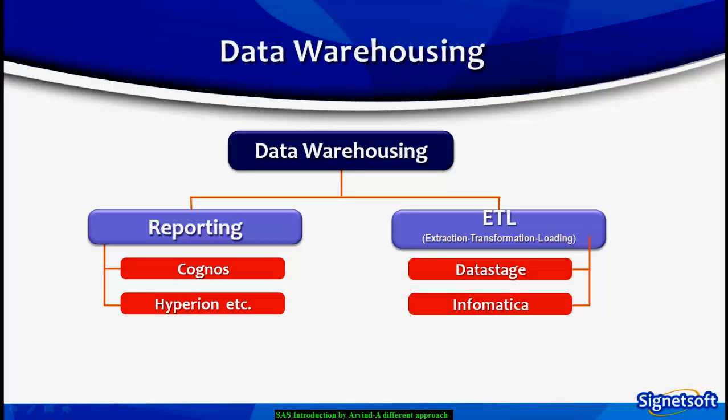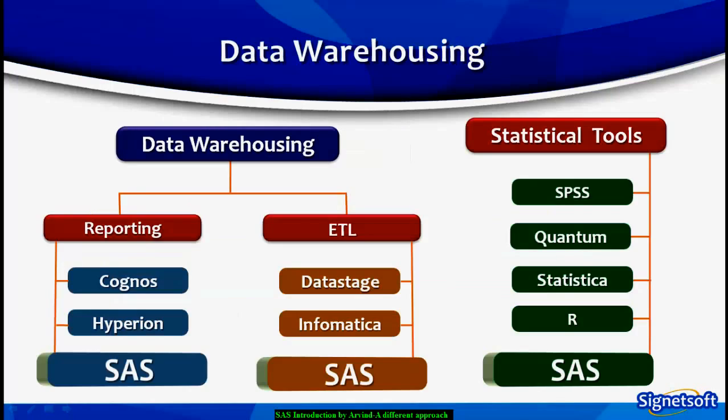ETL means extraction, transformation, and loading. Extracting data from different sources, then making some changes to the data, then loading the data into the database. So this process is generally called ETL. So some of the softwares come under ETL category, some other come under reporting category.